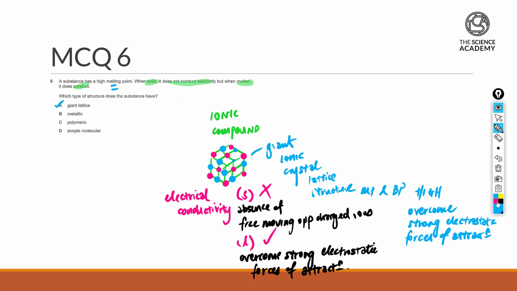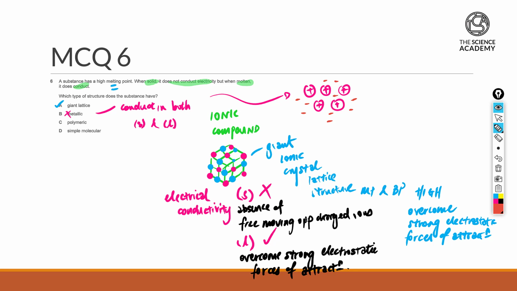Now, investigating the other options, for metallic structure, this is a no-go because metals has the ability to conduct in both solid and molten stage. Now, this is due to the fact that in its metallic structure, it can actually be relatable to the sea of mobile electrons that's present in both solid and molten state.